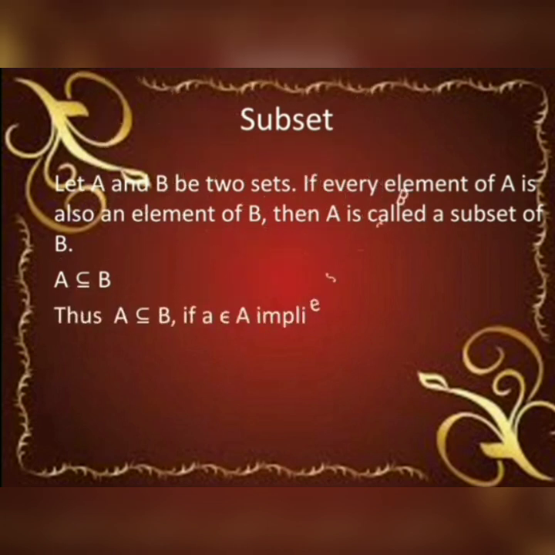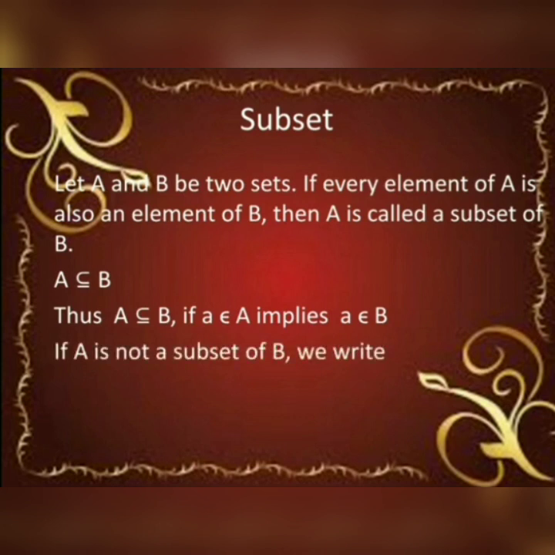Thus, A is a subset of B if a belongs to A implies a belongs to B. An element must be in both the set A and B, then A is a subset of B.